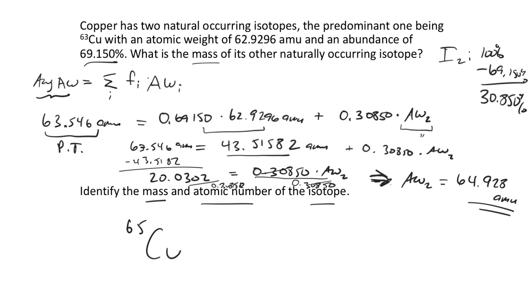And so this is going to be copper 65, so that's my mass number. Then the atomic number for copper you look up on the periodic table, it's 29. And so you can see the difference between these two isotopes is copper 65 has 2 more neutrons than copper 63. And so that's how we can work out the math on this one.